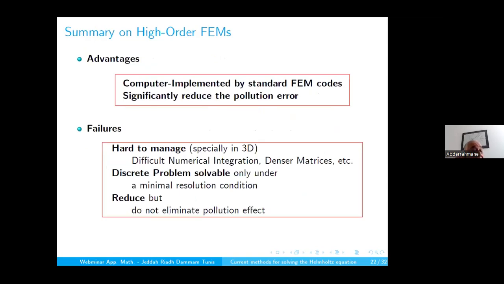And if we do a summary of high order methods, their advantage is that they can be implemented by standard finite element code. They significantly reduce the pollution error, but they have a failure. The failure is they are hard to manage, especially in 3D. Why? Because you face a difficult numerical integration problem.